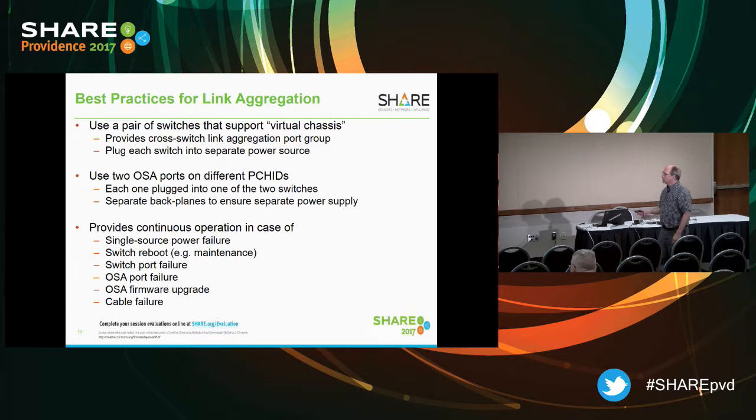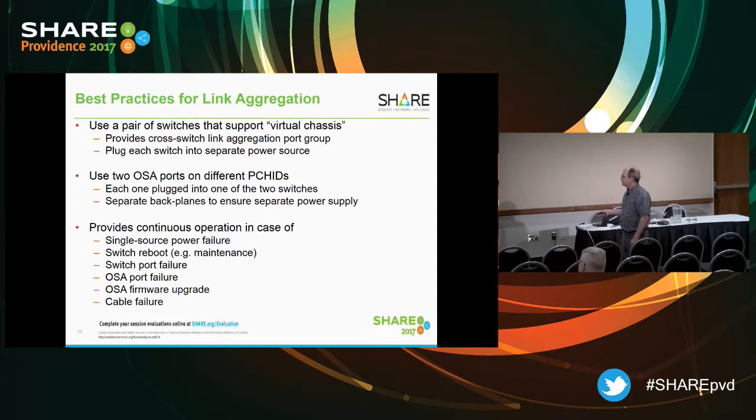So if you're going to bother doing this, what is my objective? What are the things I can protect myself from? And what haven't I protected? Was it worth my effort to bother? So a single source power failure, which took out one of my switches, took out half the power out of the machine, out of the Z14, right? Somebody reboots my switch, which more or less is a power failure as far as I'm concerned, right?